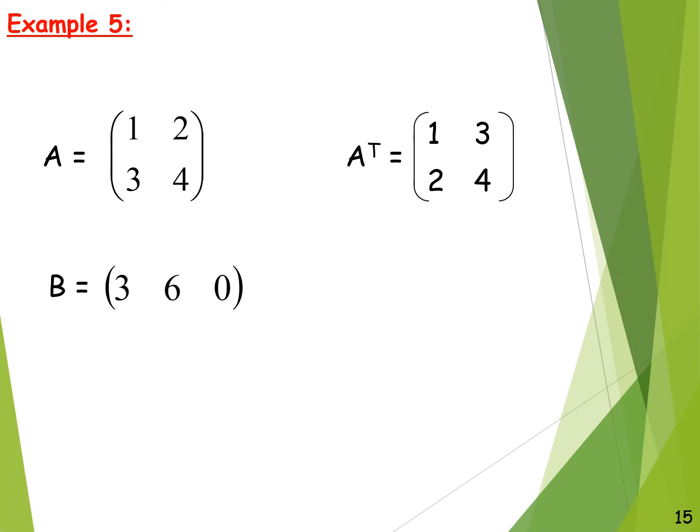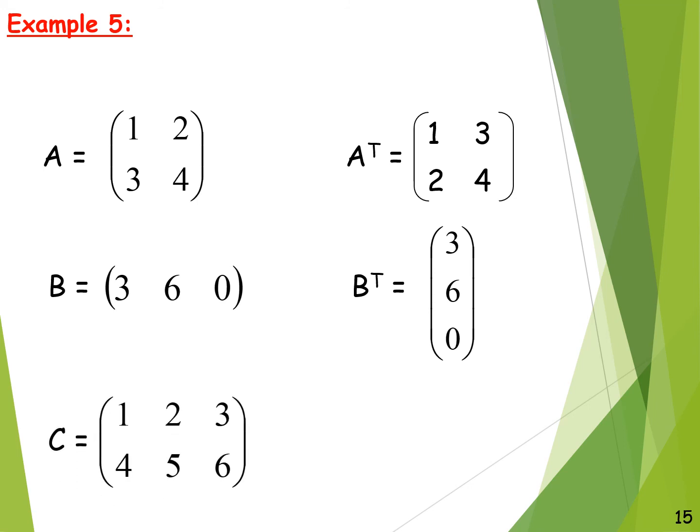B, we have 3, 6, 0, only one row. So to find the B transpose, the first row becomes the first column. C: 1, 2, 3, 4, 5, 6. Two rows become two columns like this.